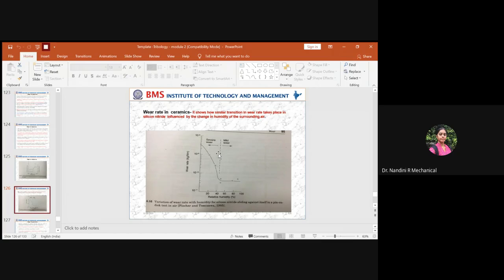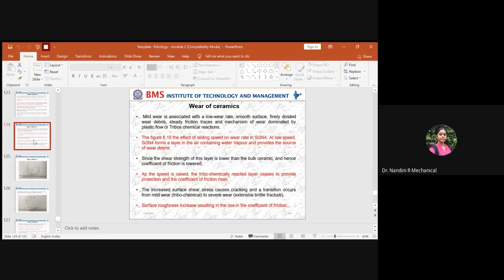That happens in very rare cases. So these are the things one has to think about if you are asked to design a mechanical component with reduced amount of wear and friction. All these things you have to keep in mind.